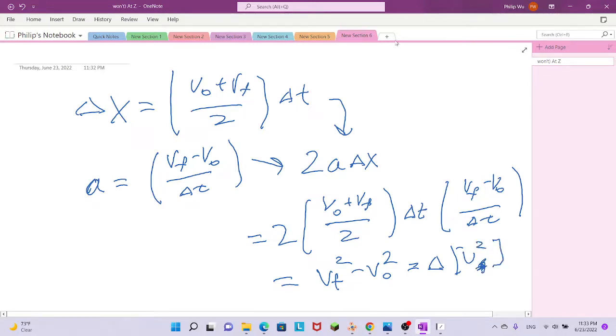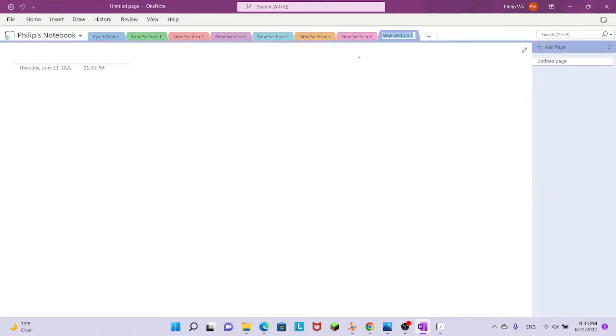So that is this kinematics equation. It's a very simple derivation, but it's not the most important thing. It's just a lemma, per se, for the work-energy theorem.